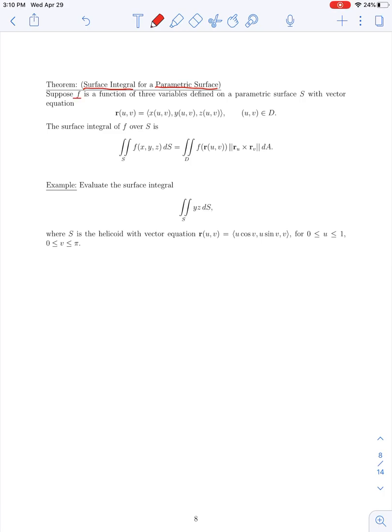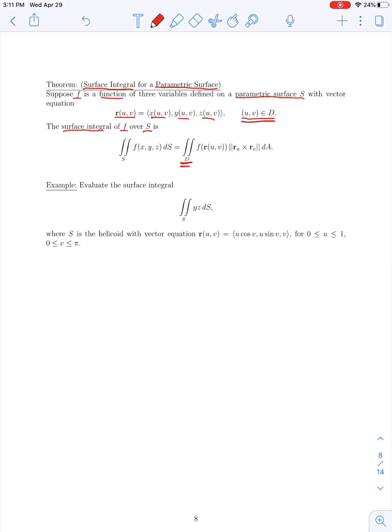Again, if we have a function f of 3 variables, and its domain includes points on a parametric surface S, which has the vector equation r of u, v, where the components are x, y, and z of u, v, and the values of our parameters u, v are in some plane region D, then the surface integral of the function f over that surface is again expressed in terms of a double integral over D, where D is the parameter domain describing our surface.